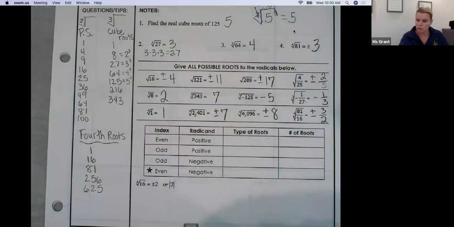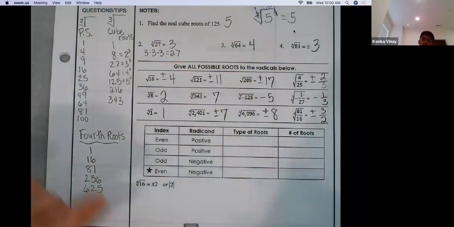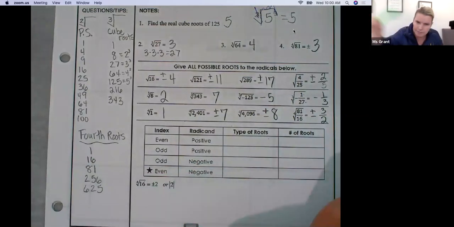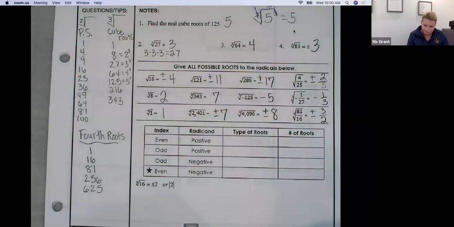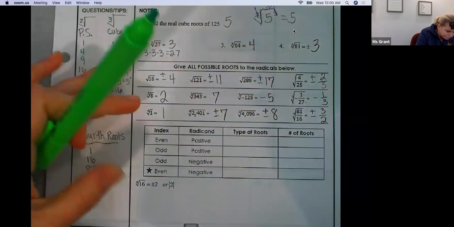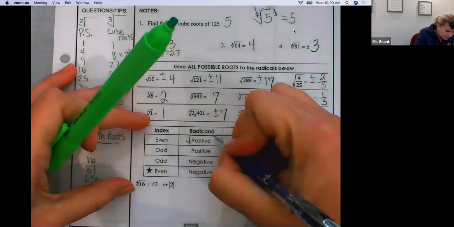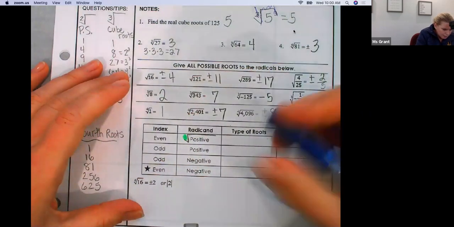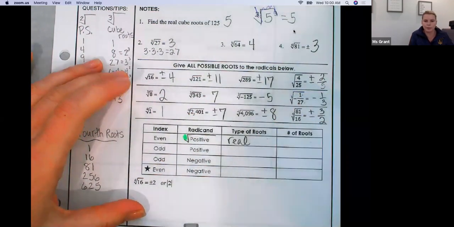Mhm. So here we go. I used a highlighter last time, I'm going to do that this time too. Okay, check this out. If the number underneath is positive, but this is an even root, it's going to be a real root, like a whole number, a real number.